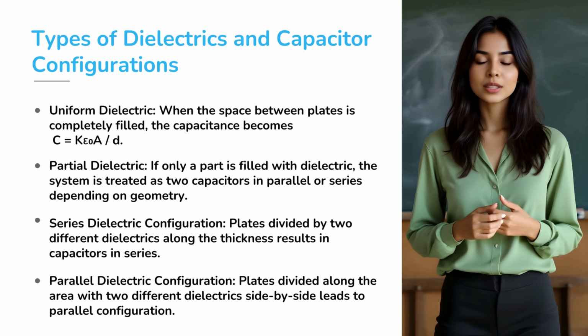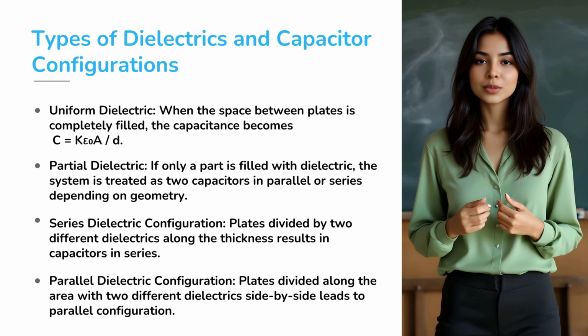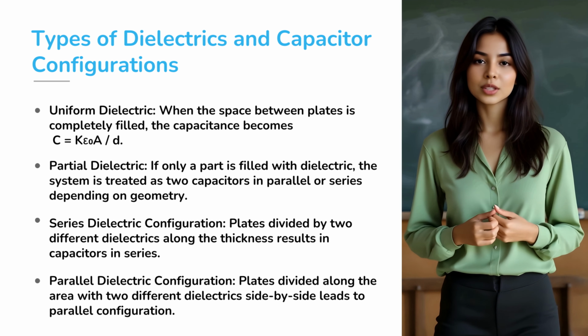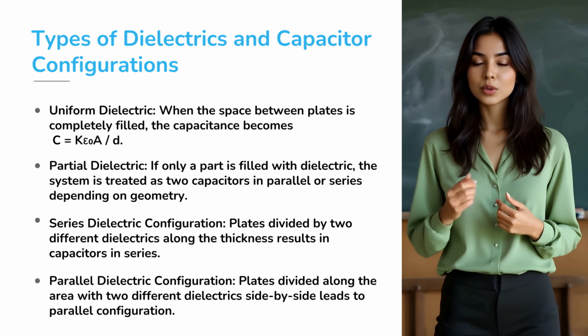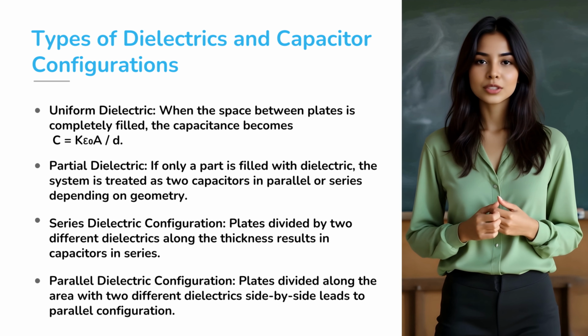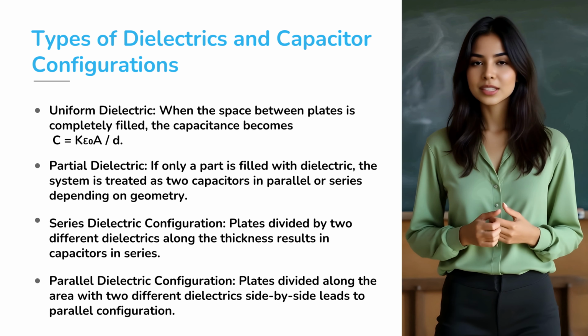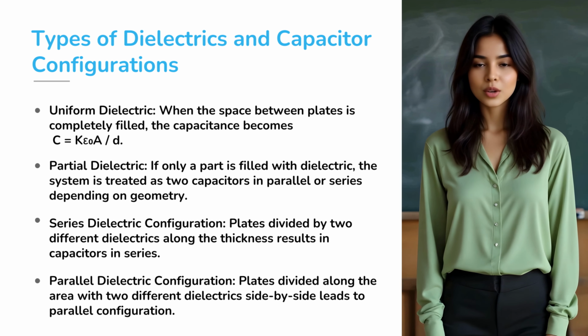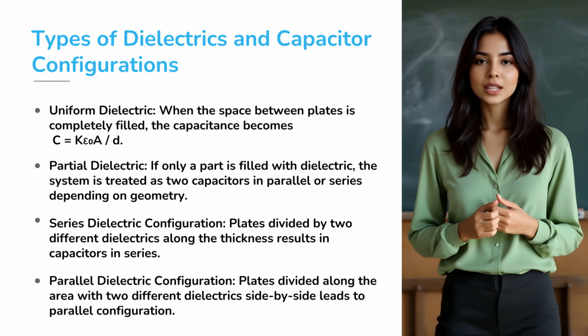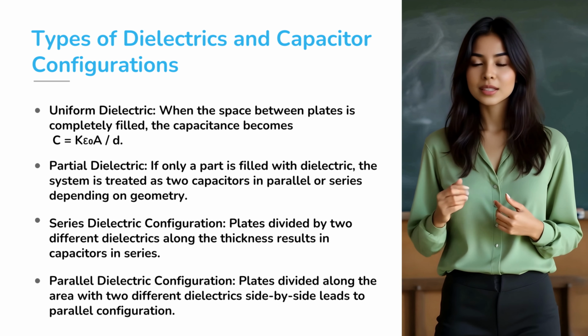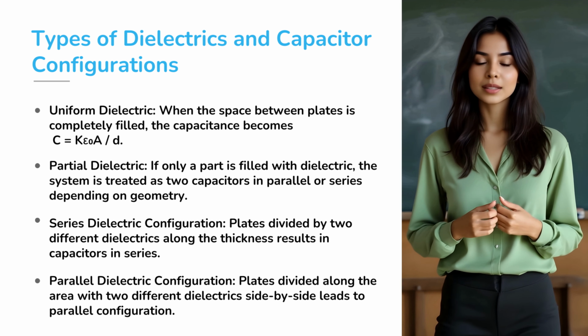So far, we assume the dielectric fills the whole space. But what if it only partially fills the gap between the plates? When a uniform dielectric completely fills the space, it's simple. C equals K times epsilon naught A divided by D, straightforward. But if the dielectric is only partially filling the space, we get some clever math.